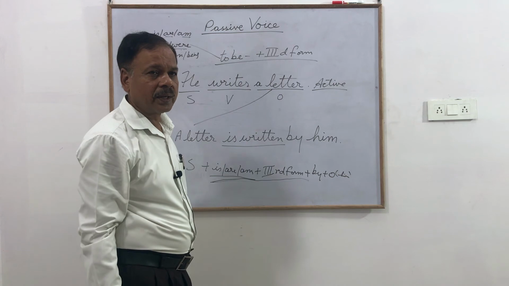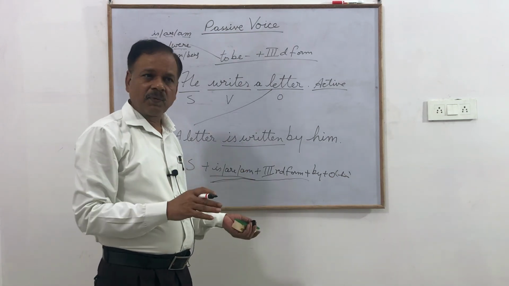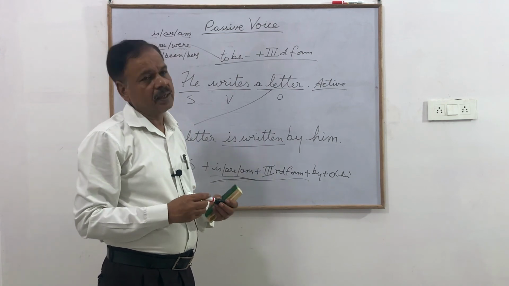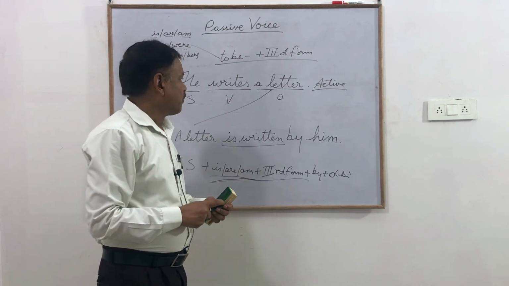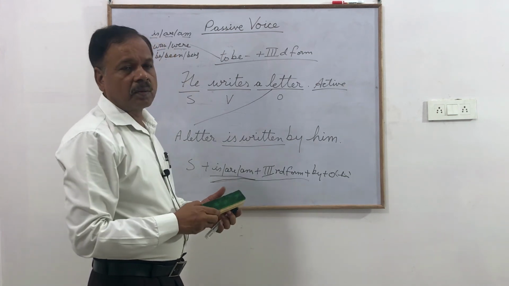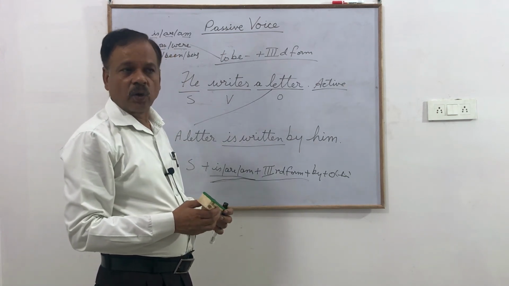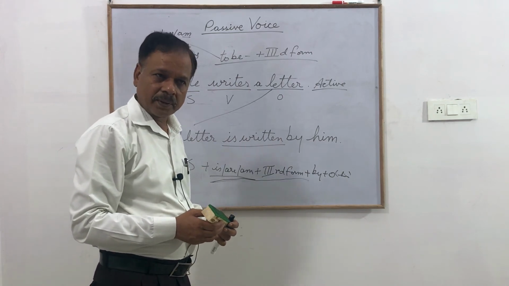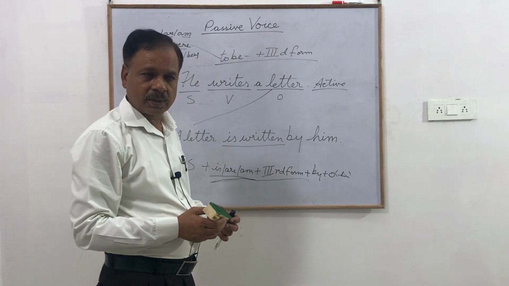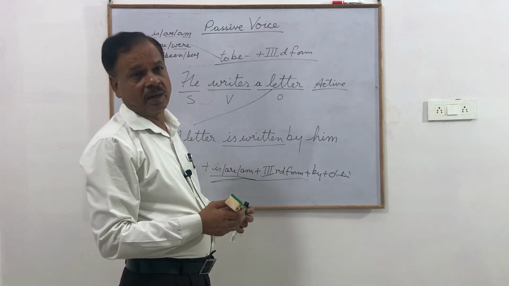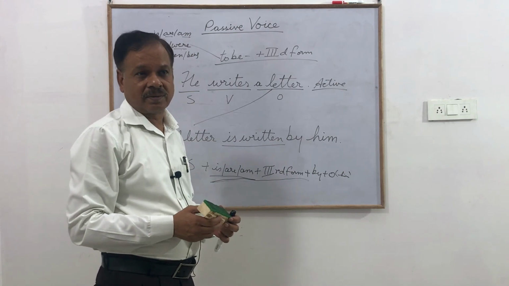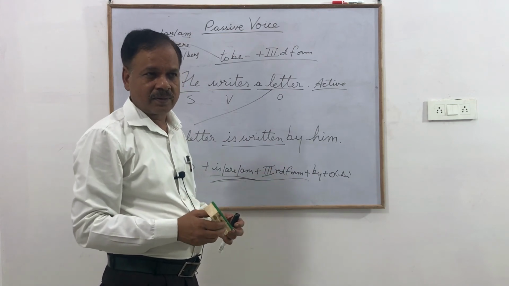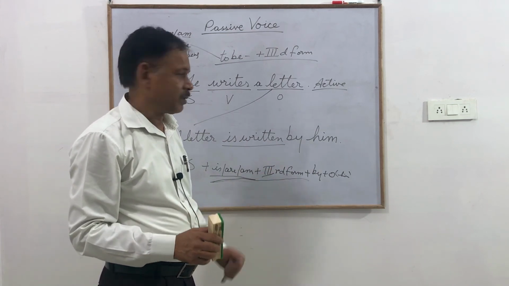So this is how you can recognize the passive voice sentences and the active voice sentences, and then you can change them. First, we must do the verbs with one object, then two objects, then object and a complement, then object plus a participle, or sentences with gerunds, imperative sentences. All types of sentences we have to practice.